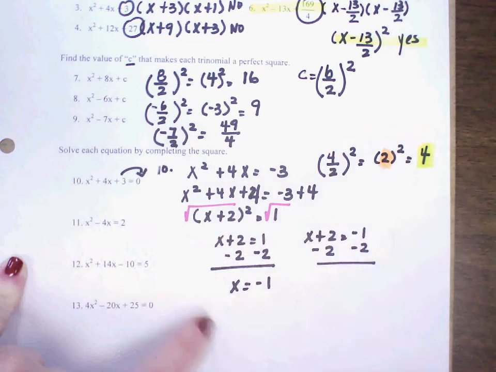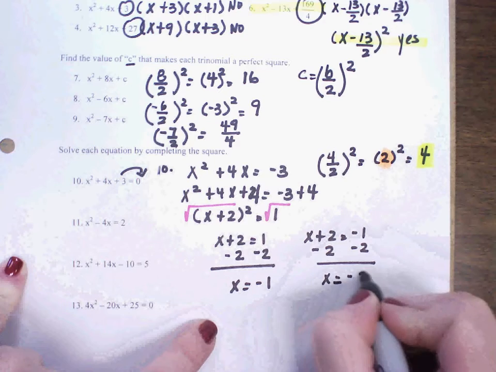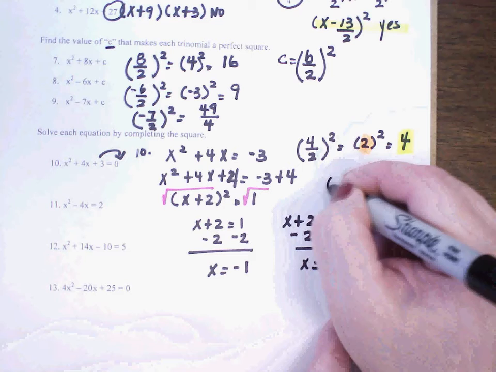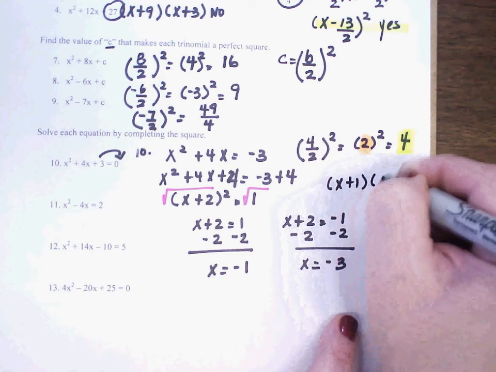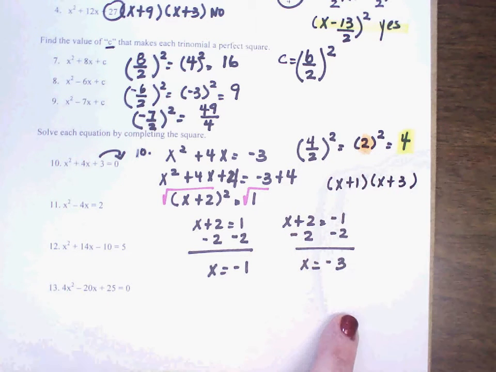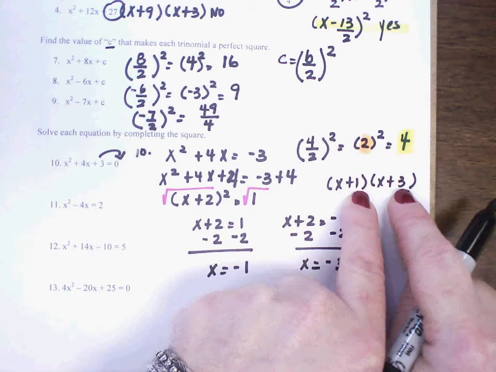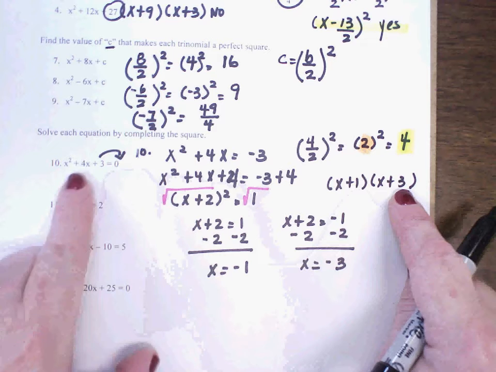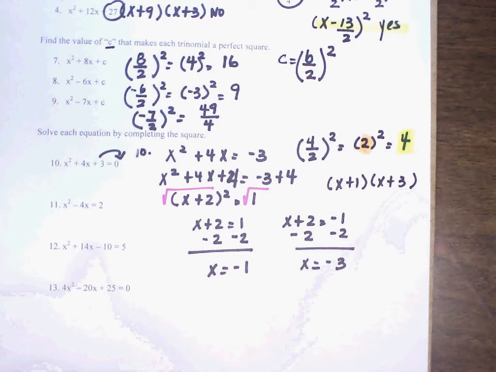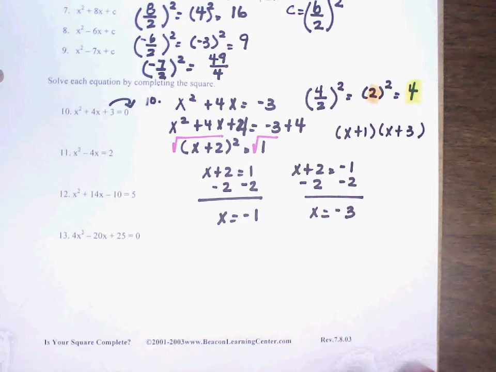X equals negative 3. What were my factors? X plus 1 and x plus 3. 1 times 3 is 3, and 1 plus 3 is 4. So we're good to go. Yay? All right, let's do 13.